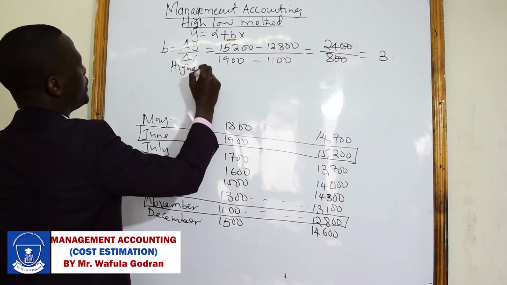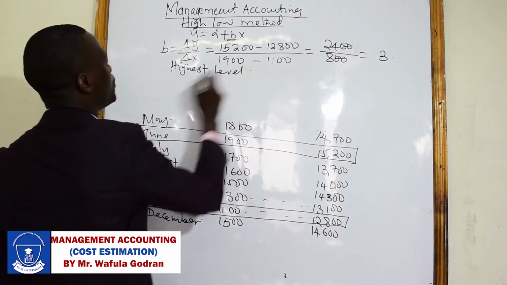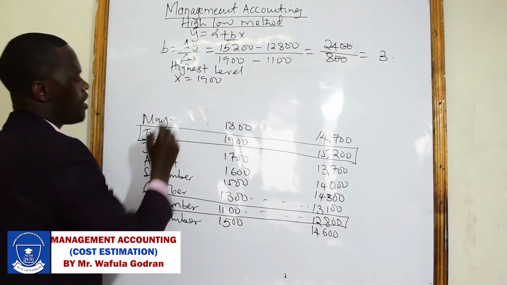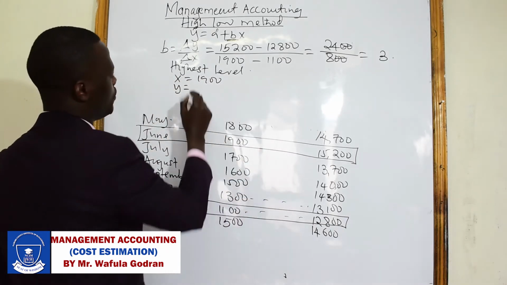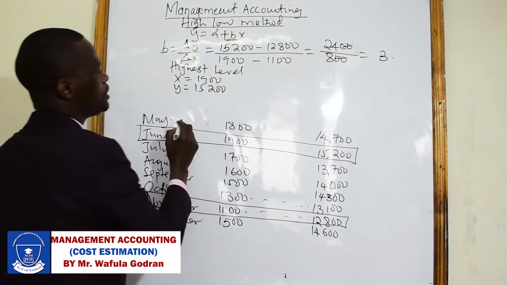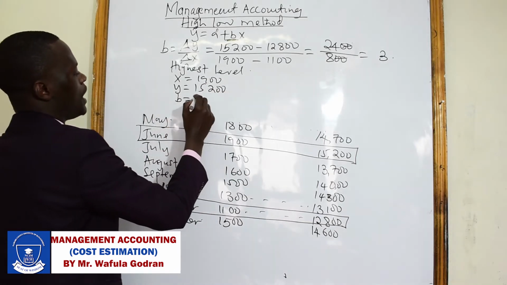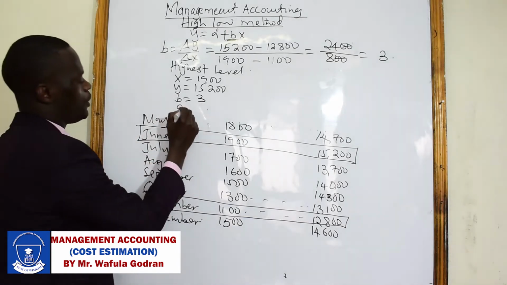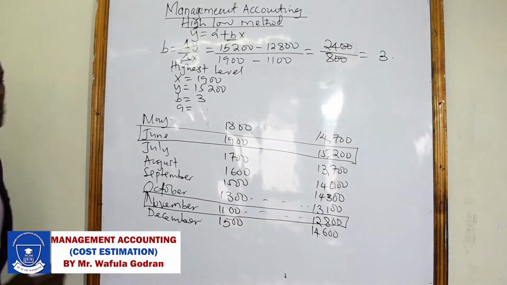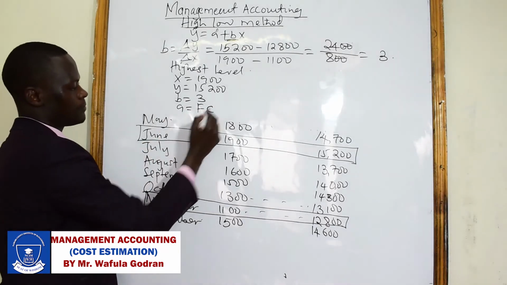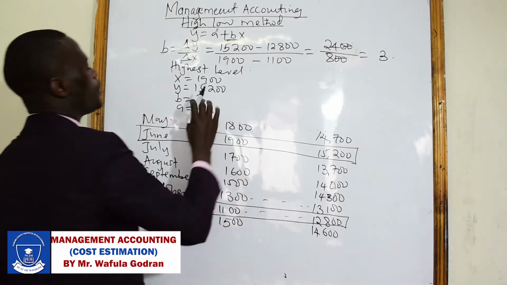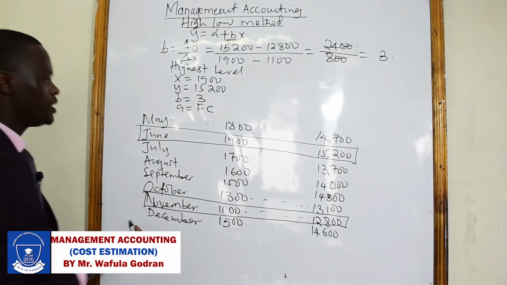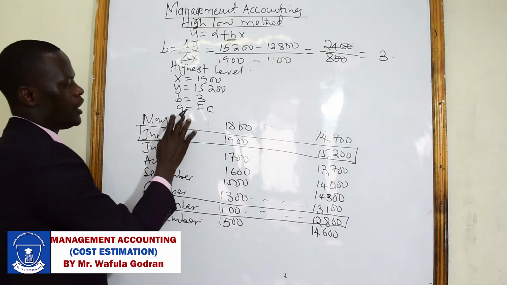If we picked the highest level, we find that at that point X is 1,900. Y is 15,200. We know B is 3. And what we do not know is A. A is the fixed cost, which should be constant. So we fit all this data into the cost function, and it will help us establish what A is.